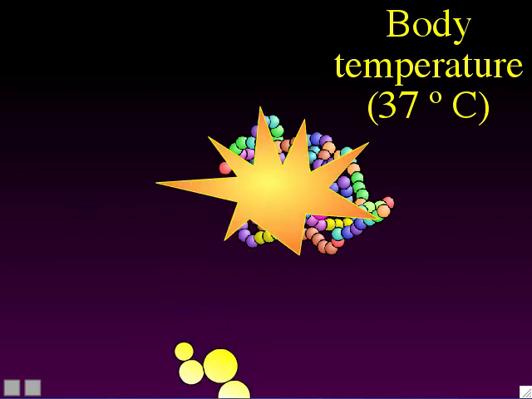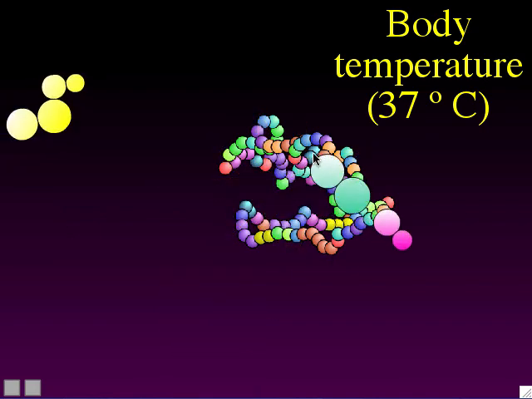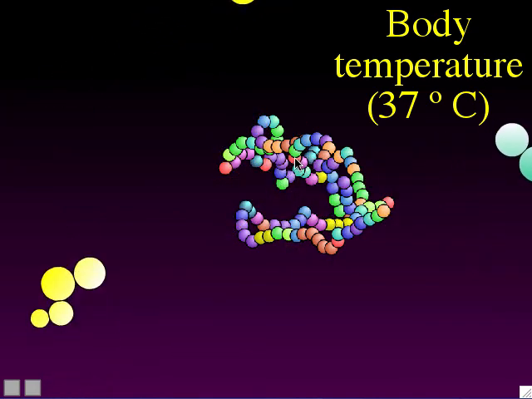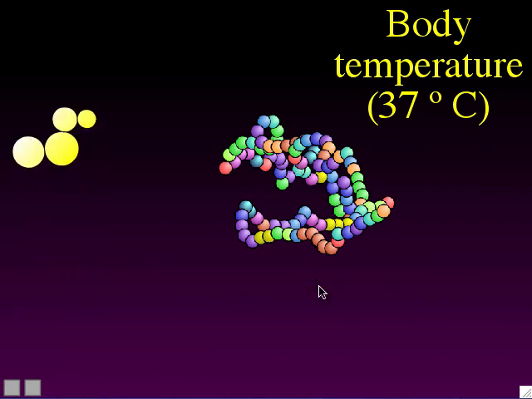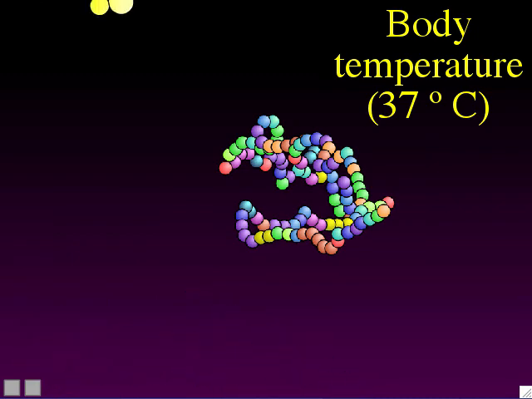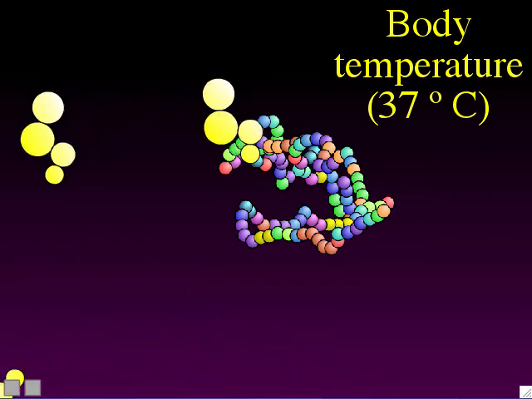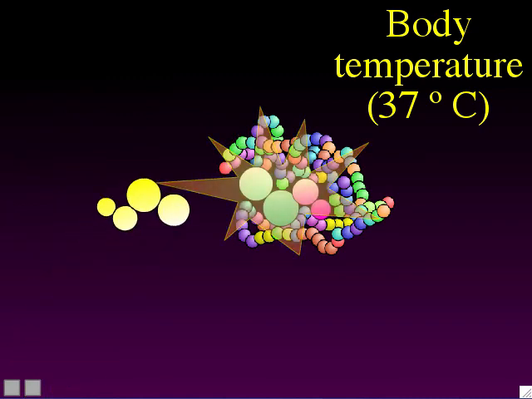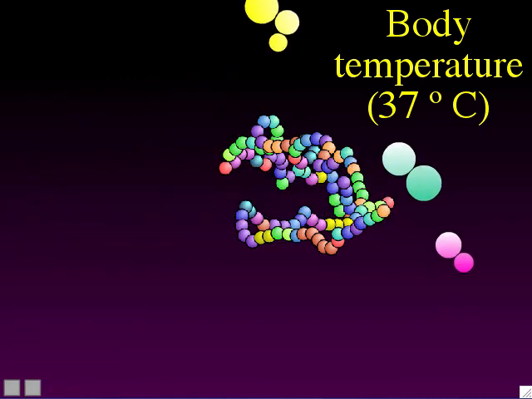Okay, so let's go back to this scenario. This is supposed to be some enzyme inside the cells of your body, and those are its substrate molecules in yellow that you see drifting around. Now, the body is 37 degrees, which is a reasonably warm temperature, and so those substrate molecules are moving around at a reasonably fast pace.